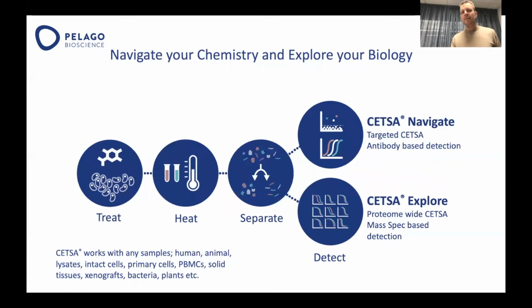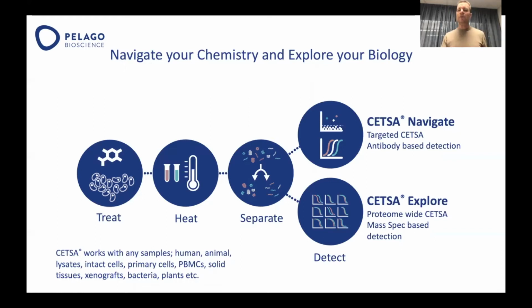The basis of the method is to treat, to heat, to separate, and then as a final step to detect protein. We have two base formats of the method, one that we call Navigate, or CETSA Navigate, which is antibody-based protein detection in the last step, and one that we call CETSA Explore, which is mass spectrometry-based detection at the last step.